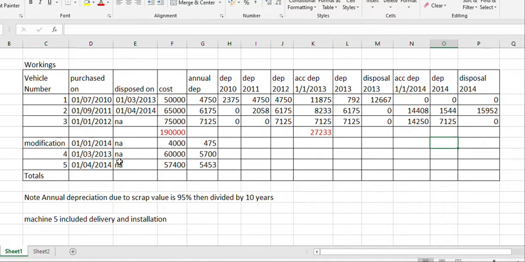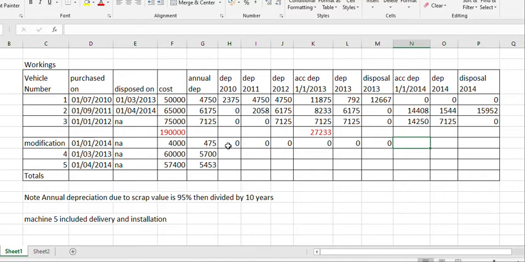Now, we go to the modification for machine 3. So the modification was done on the 1st of the 1st, 2014. So obviously nothing in 2010, nothing in 2011, nothing in 2012, nothing in 2013, and no disposal in 2013.